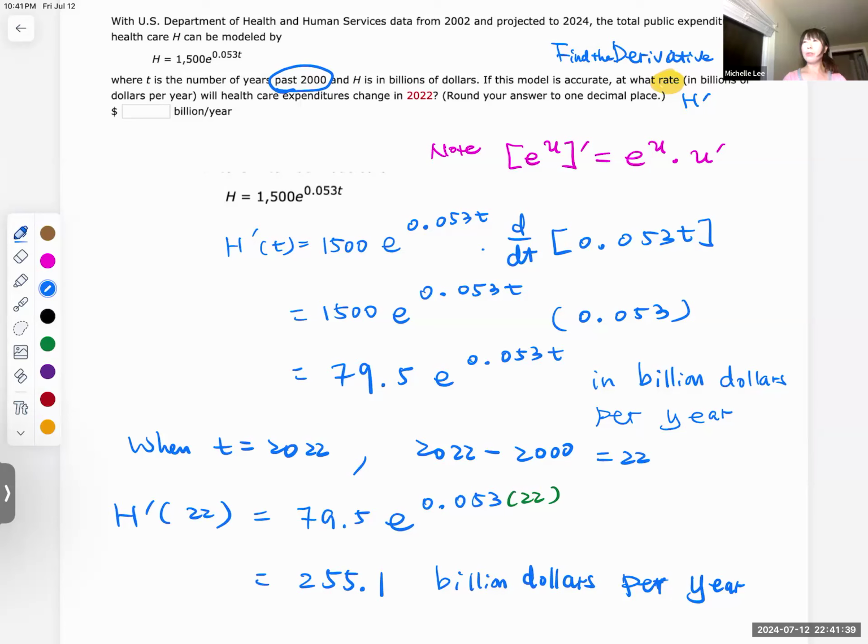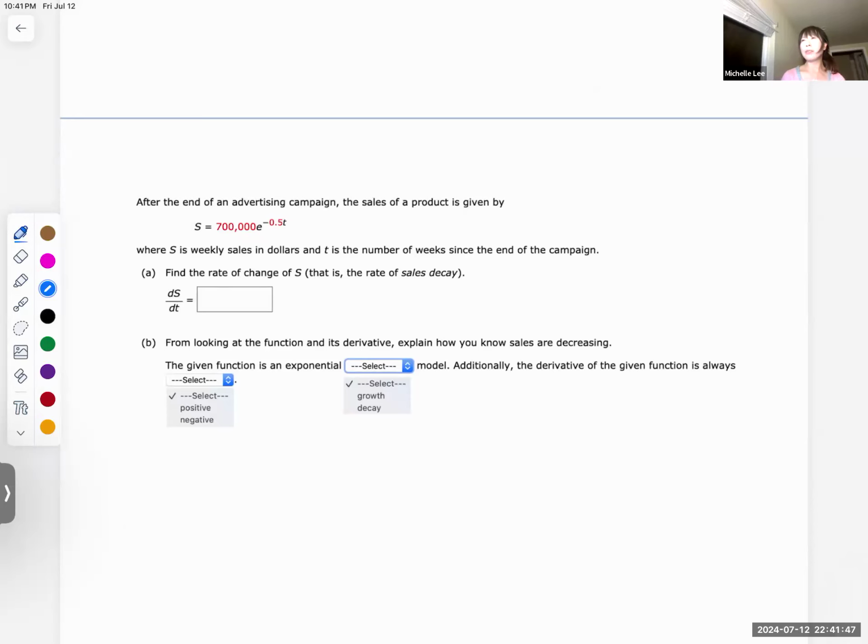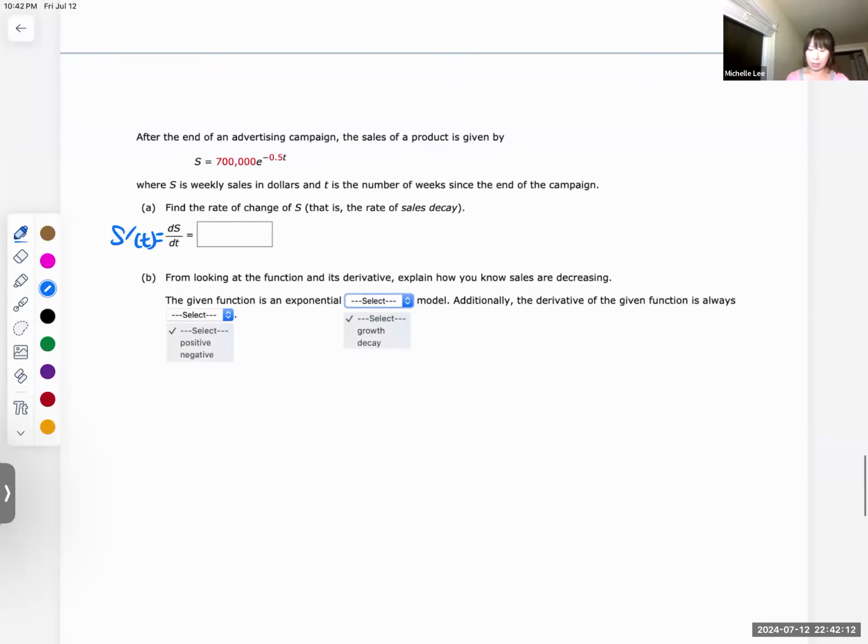All right. So we have one more question here. After the advertising campaign, the sales of a product is given by that, where S is weekly sales in dollars, and t is the number of weeks. Find the rate of change. We know how to find it, right? They already give us S of t, so we want S prime of t.